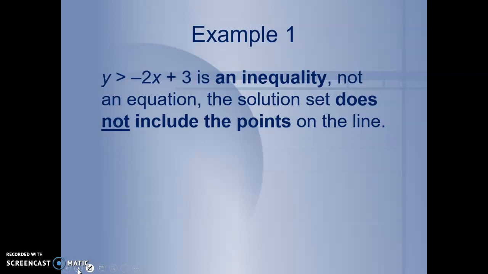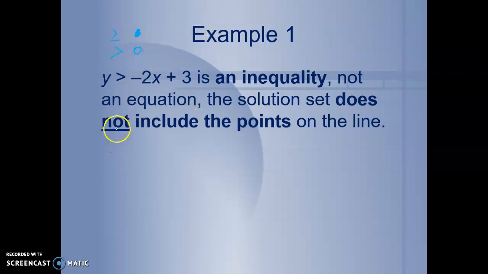Because it's an inequality, not an equation, it does not include the points on the line. Before, if you remember, when we were doing our warm-up, when we had greater than or equal to, we had a solid dot to show that that point was included. And when we had just greater than or less than, not equal to, we had an open dot to show that that point was not included.